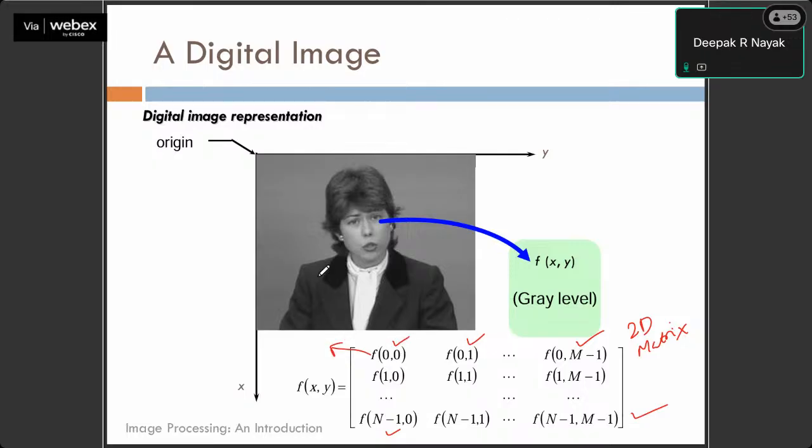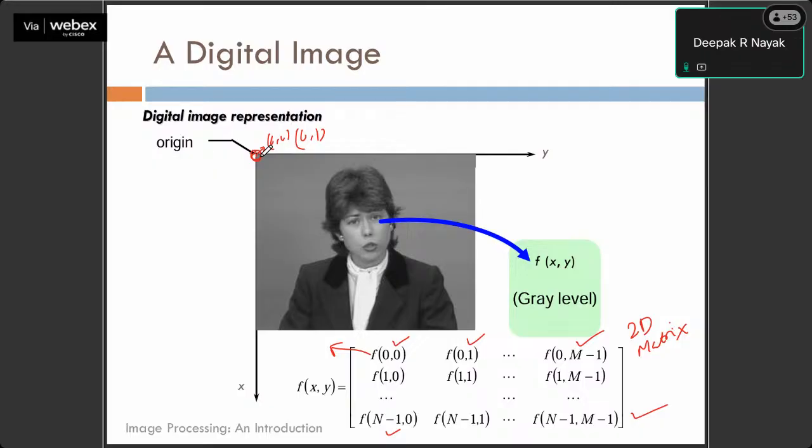What is the coordinate system of the digital image? Where is the origin? This is where the origin of the image lies. This position is 0, 0. The next position is 0, 1. Here the x-axis is vertically downwards and the y-axis is horizontally rightwards. This is how you need to represent an image: the origin is in the top left-hand corner, which is 0, 0.